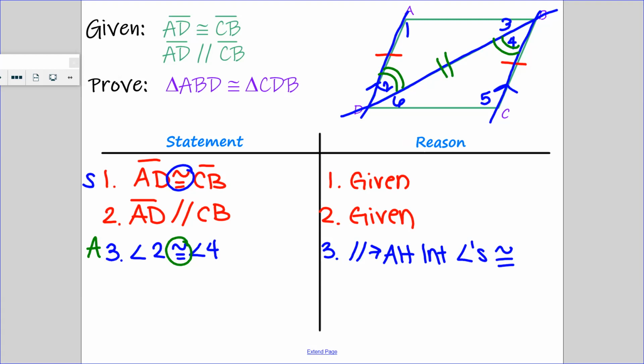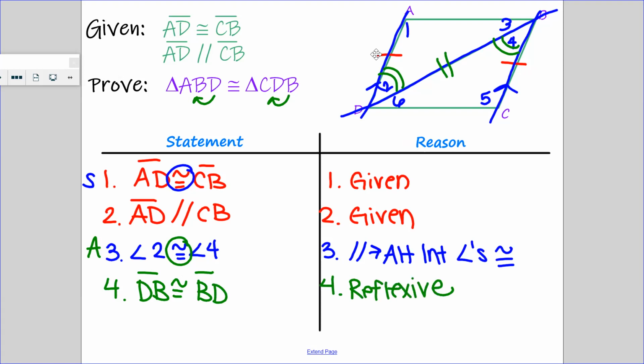Be careful on the order. If I name that middle line DB, we can always cheat right here. If I went D to B on the first triangle, what's the order on the second one? B to D. So make sure that you're following that order here. It flips the other way, and that's by the reflexive property.